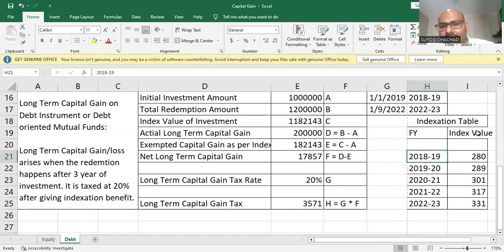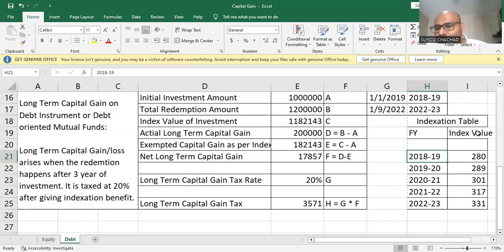Let's say we have invested 10 lakh rupees. Now we have to compare this 10 lakh with the 280 because we invested in 2018-19. But now, when we withdraw 12 lakh rupees, we have to calculate the value of 10 lakh rupees in 2022-23 as per this index value.